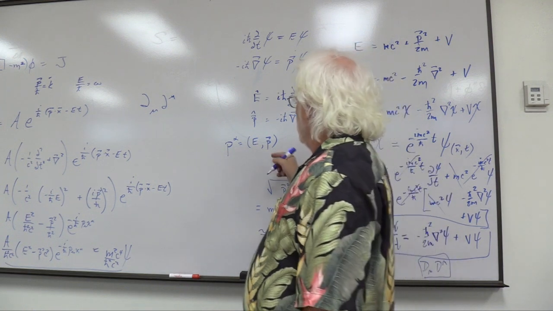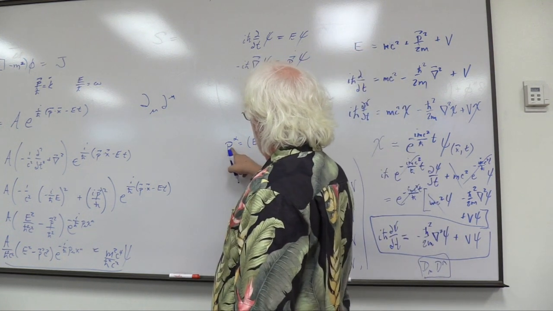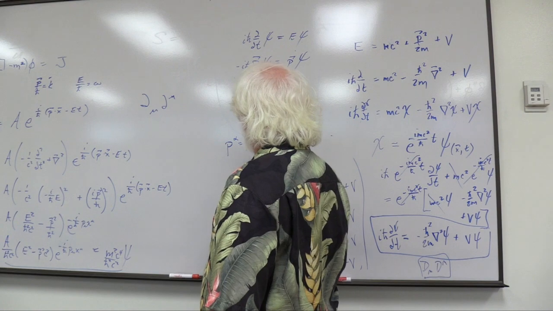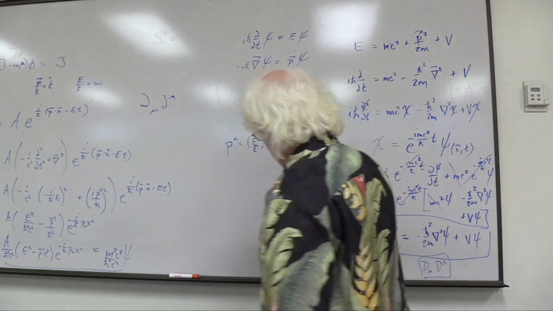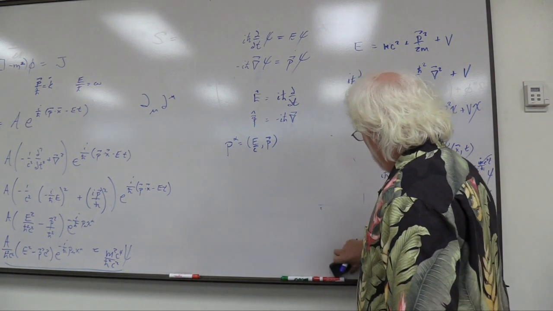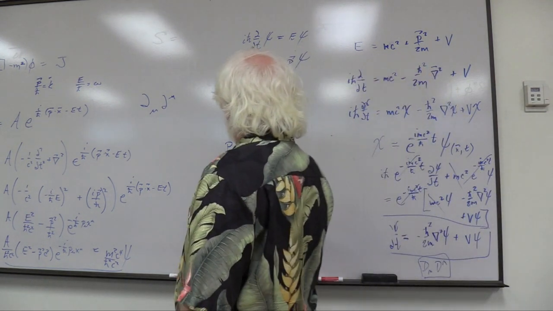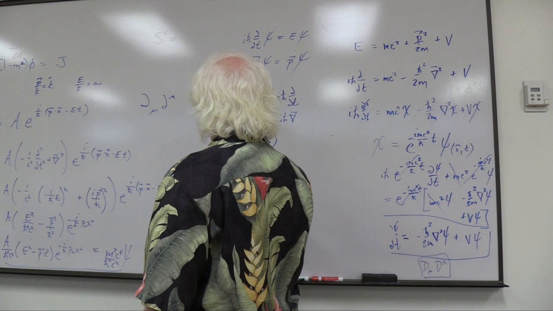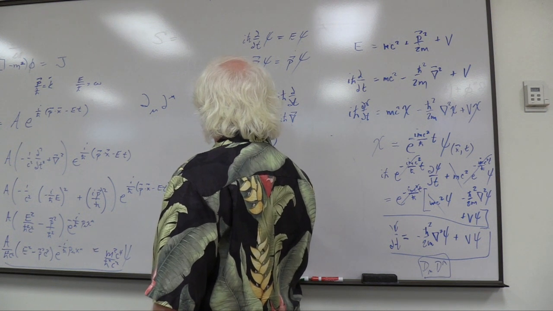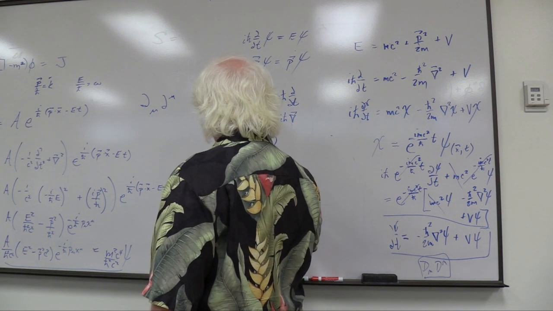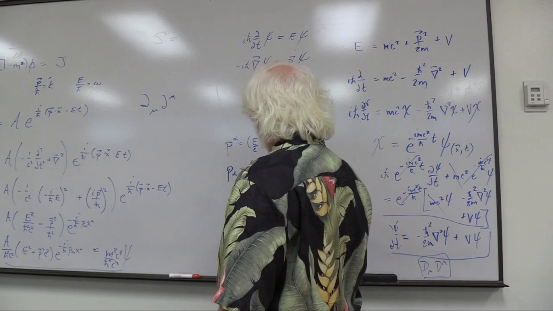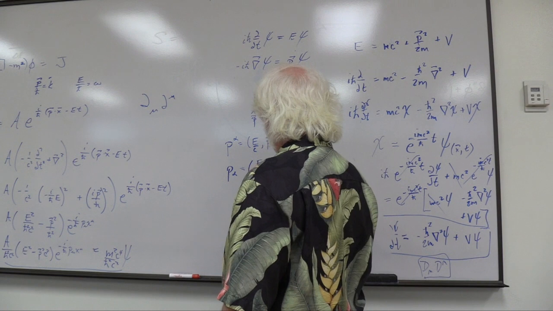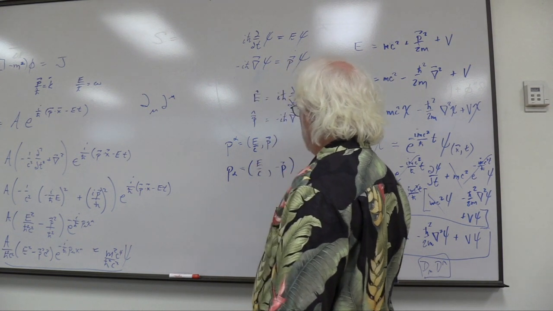Okay. So the four momentum is really E over c, and if I lower the index, this becomes minus P, the way we're doing it.